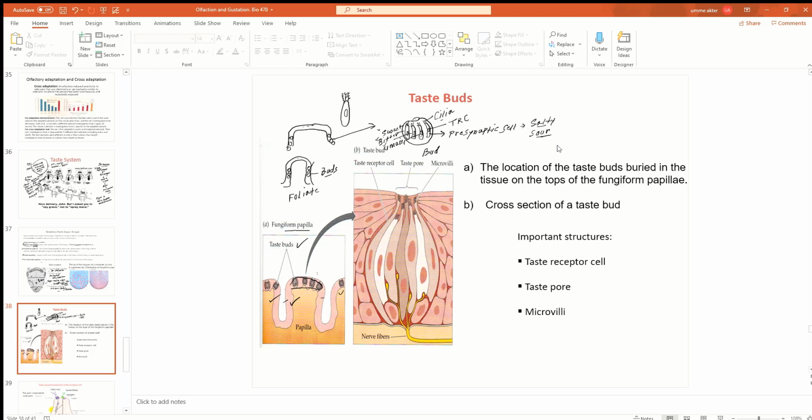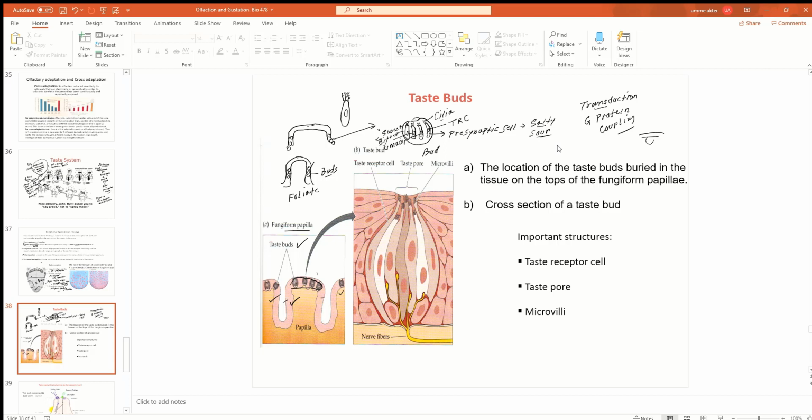Okay. In case of sweet, bitter, and umami, these first three, the transduction occurs. You know, transduction, we talked about that. Activation of the receptors and production of action potential. So transduction occurs for sweet, bitter, and umami cells by G protein coupled receptors. Okay, G protein mediated. So the receptor, this is the cell membrane.